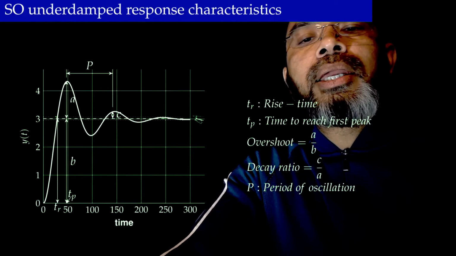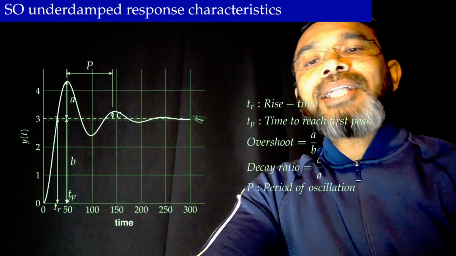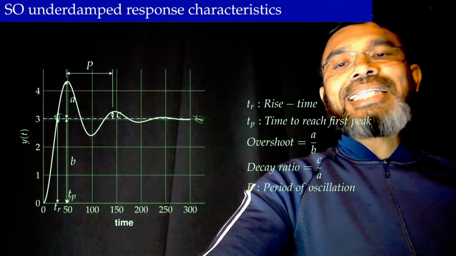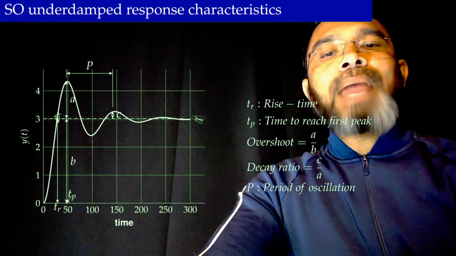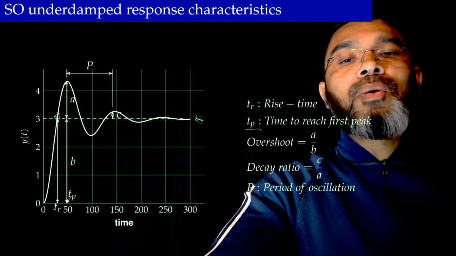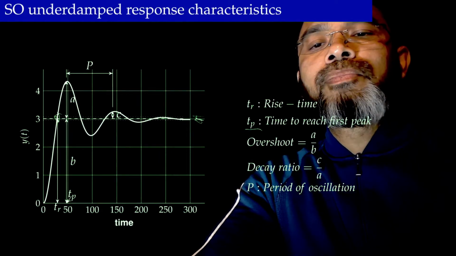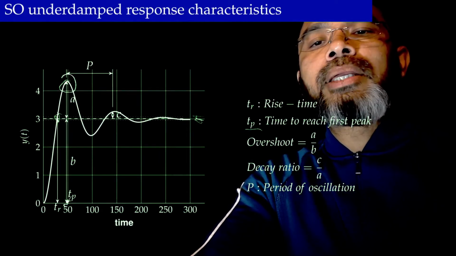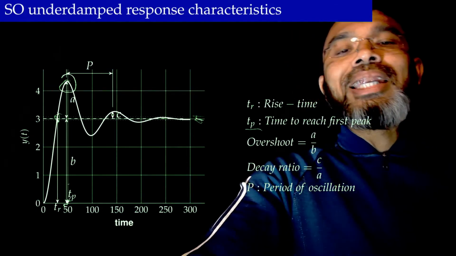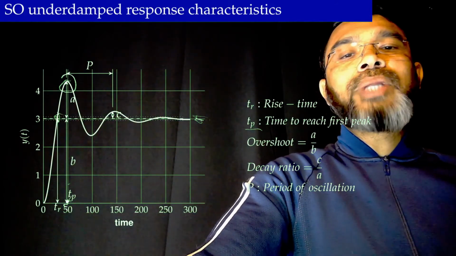The first time it reaches that value is called the rise time, known as TR. Then, what is the time to first peak? The term itself explains the parameter. The time to first peak is the time it takes to reach the first peak, called TP.